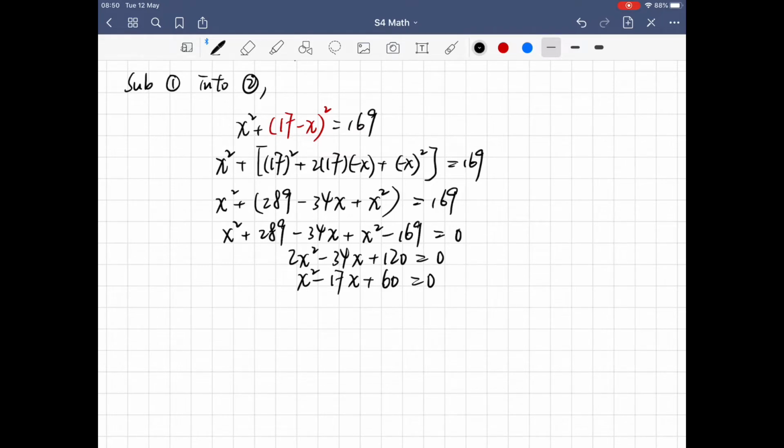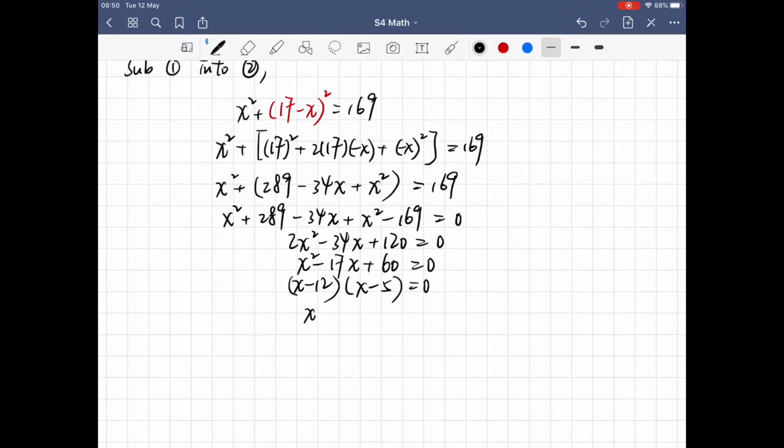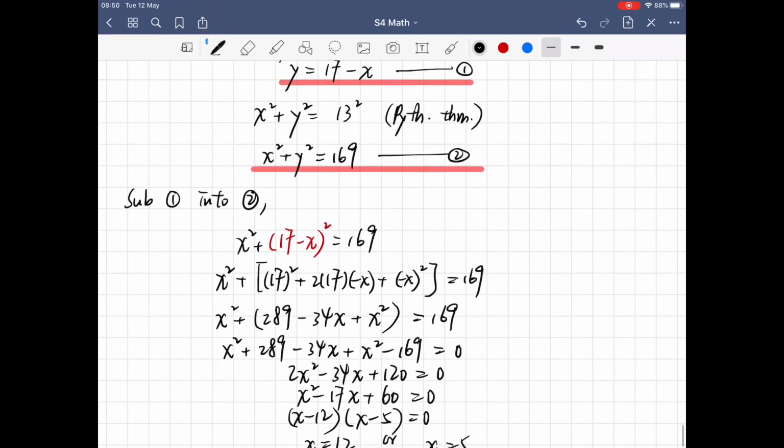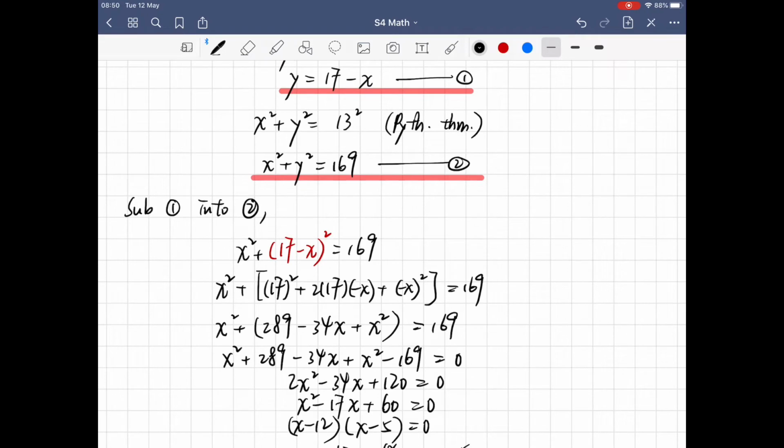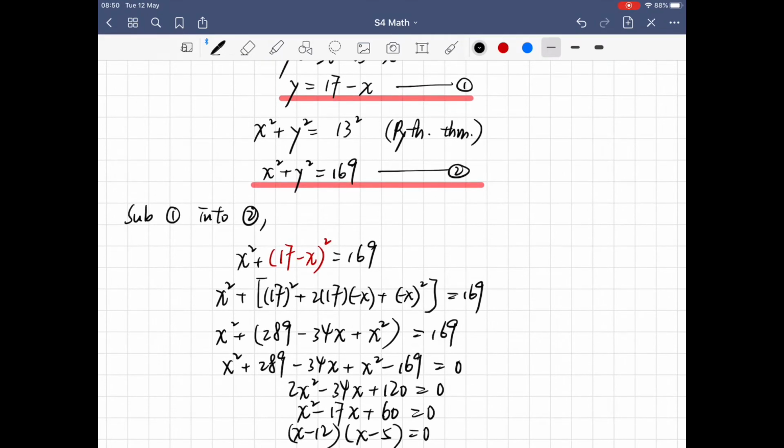Then we can solve this equation. So it will become (x minus 12) times (x minus 5) equals 0. And therefore, x is equal to 12 or x is equal to 5. Okay, then we finished finding the value of x, and don't forget we also have to find the value of y. Okay, so we'll use equation 1 again.